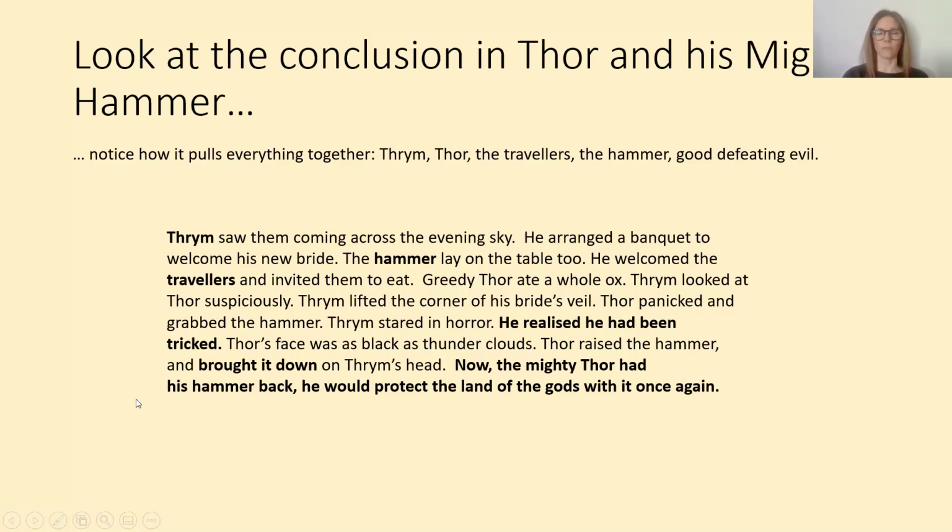So it doesn't have to be lots and lots of writing, but it does need to address all of those issues. So in here, you've got Thrym, you've got the hammer, you've got the travelers, you've got Thrym realizing he'd been tricked, and how Thor gets his hammer back and protects the land of gods once again. So good defeating evil. So pause the video and have a look at the conclusion of Thor and his mighty hammer.